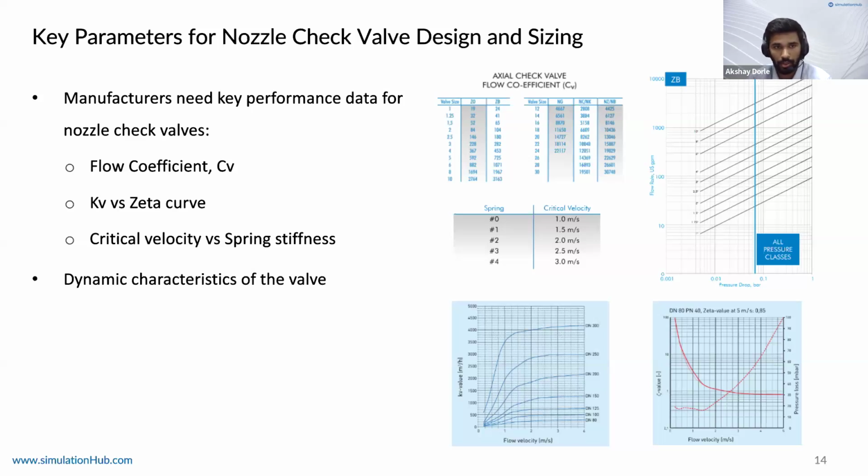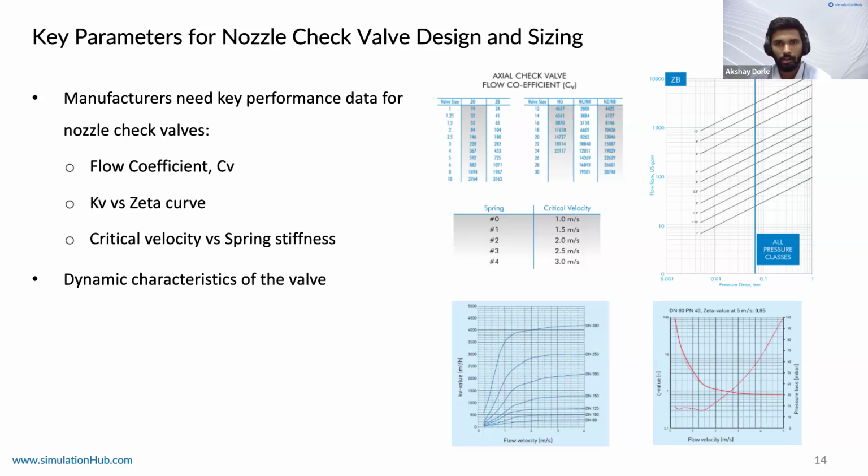For this critical velocity, the spring stiffness, or the choice of the spring, also becomes very essential, so that in the process condition the valve opens to a fully open condition at that critical velocity and any fluid velocity beyond it. As we saw earlier, to size the valves and to choose between designs of the same check valve or between different types of check valves, we use the dynamic characteristic curve.